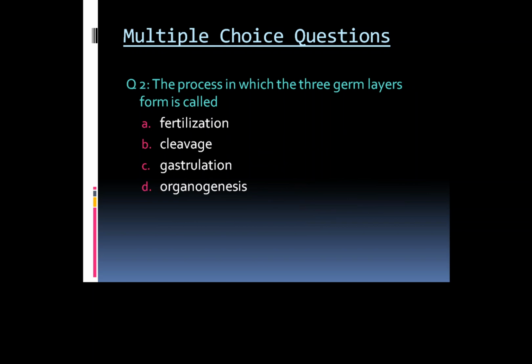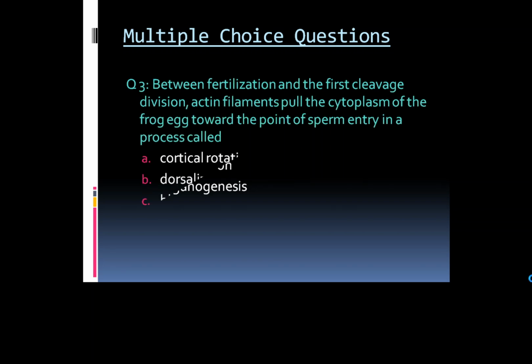Question 2. The process in which the three germ layers form is called option A, fertilization, option B, cleavage, option C, gastrulation, or option D, organogenesis. Question 3.